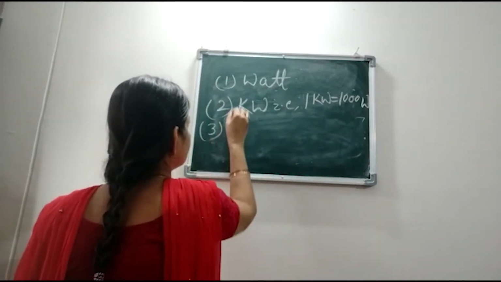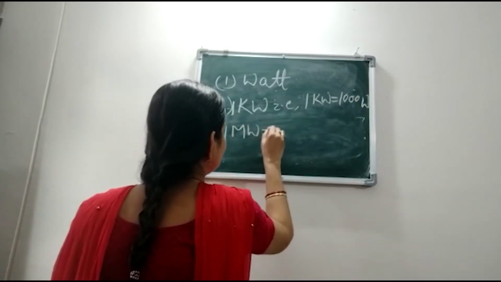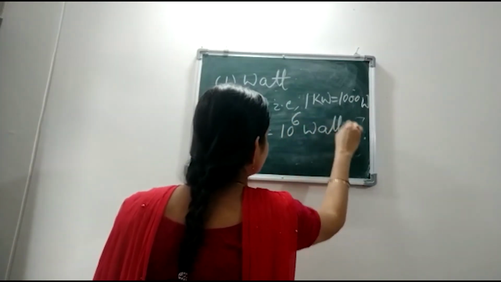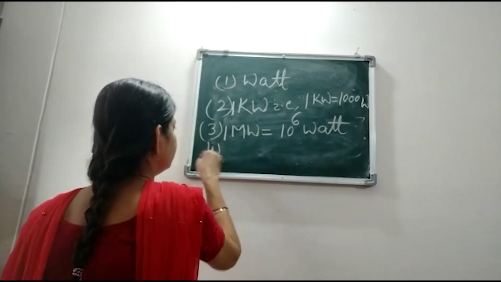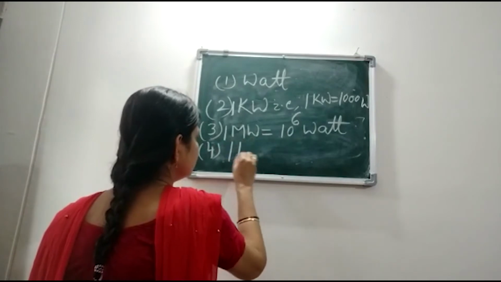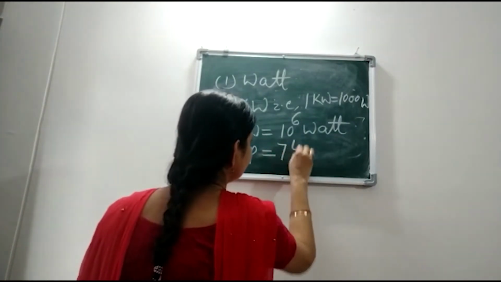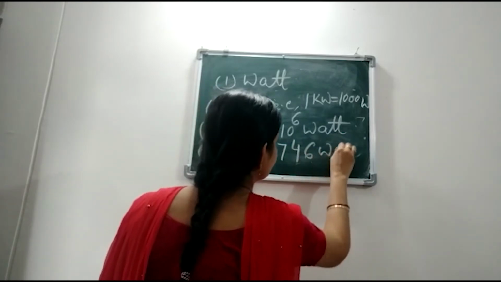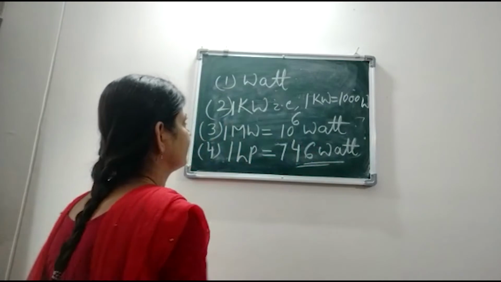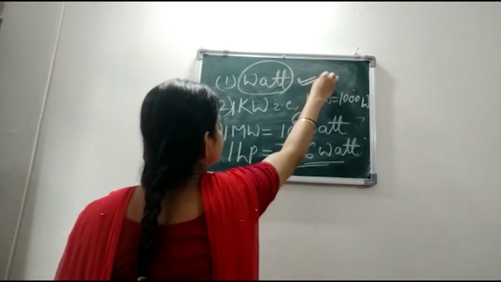Similarly, megawatt, MW, 1 megawatt is equal to 10 to the power 6 watt. Another unit is horsepower. 1 HP means 1 horsepower is equal to 746 watt. But the SI unit of power is watt.